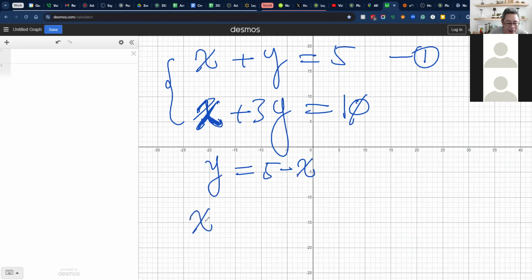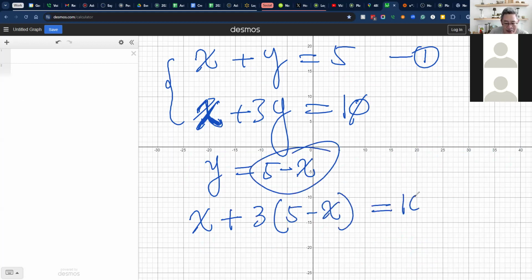Yep. We got x plus 3, so we replace y with this. So x plus 3 times 5 minus x is 10. Then we distribute. So x plus 15 minus 3x equals 10. Then x minus 3x is minus 2x.